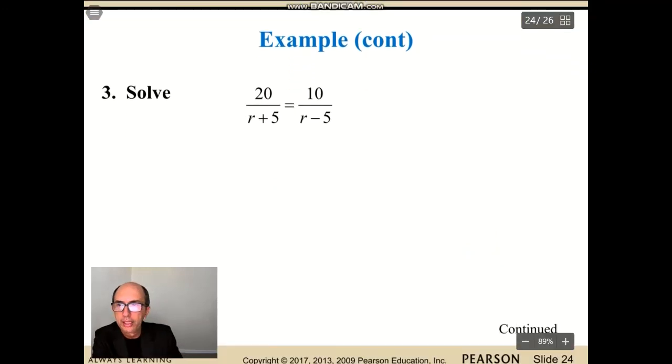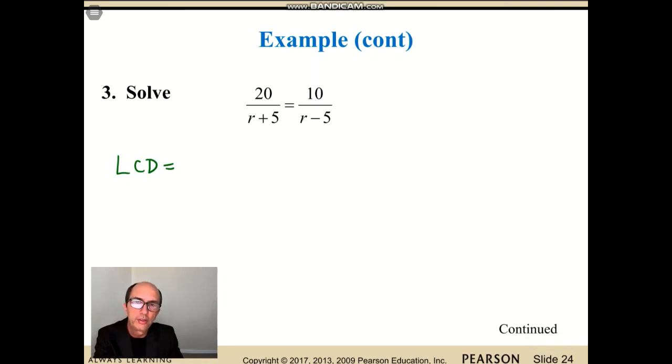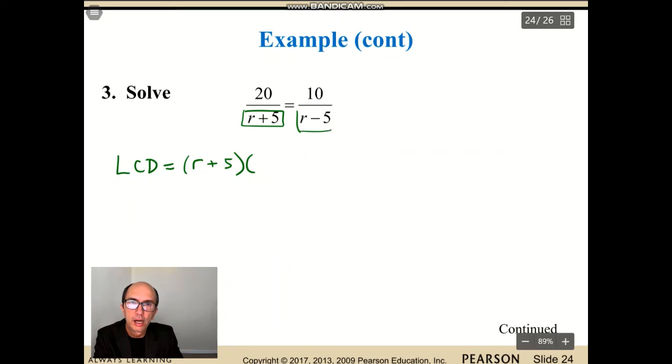First step, find the lowest common denominator. We know the lowest common denominator is the combination of the unique factors. One unique factor is r plus 5, another unique factor is r minus 5. Let's multiply both sides by the least common denominator, r plus 5 times r minus 5.